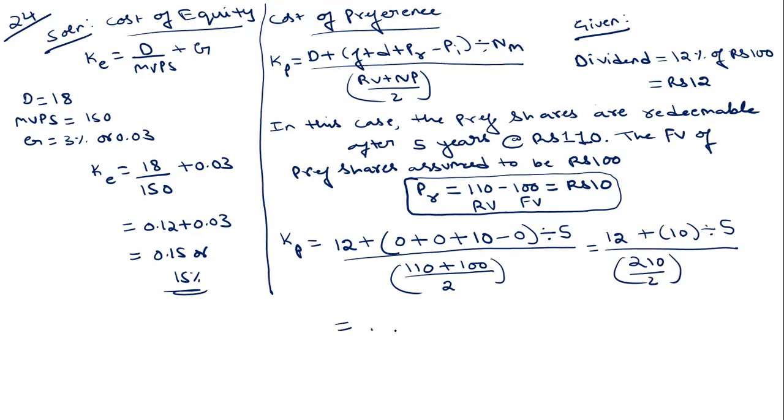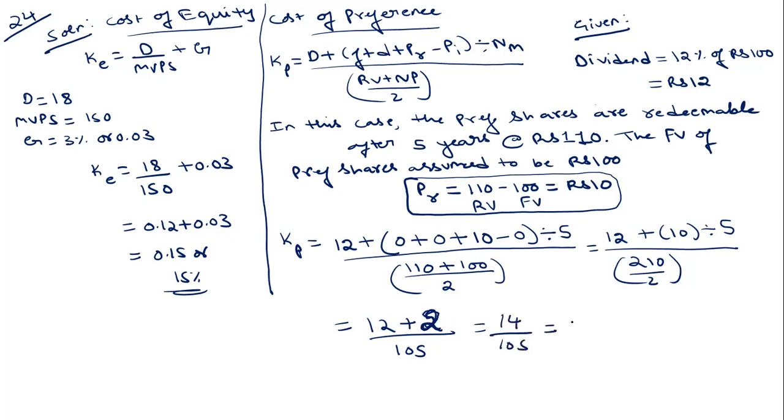Now 12 plus 10 by 5, that is 2. Here we have already divided by 5. And 210 by 2 is 105. So 12 plus 2 is 14. 14 by 105.